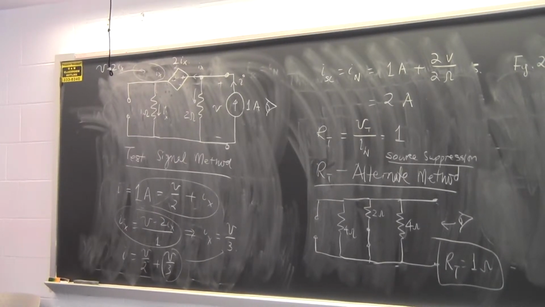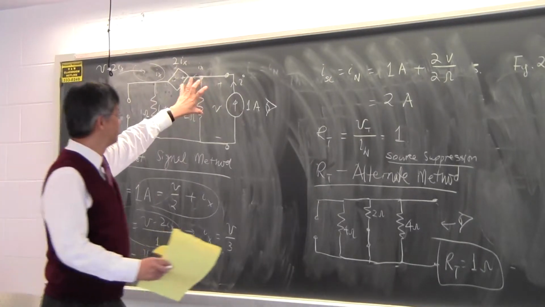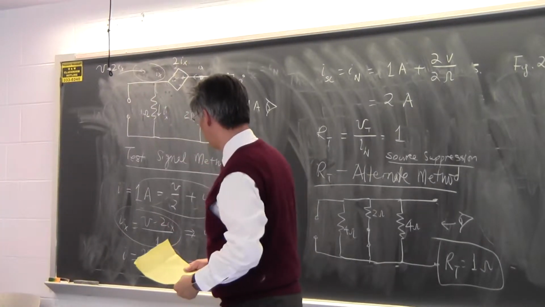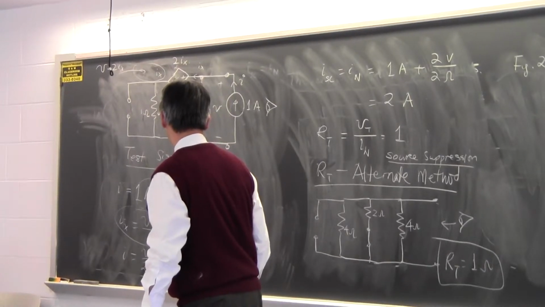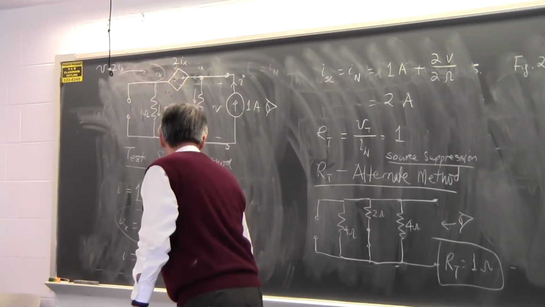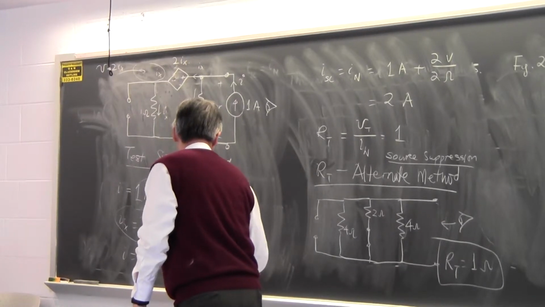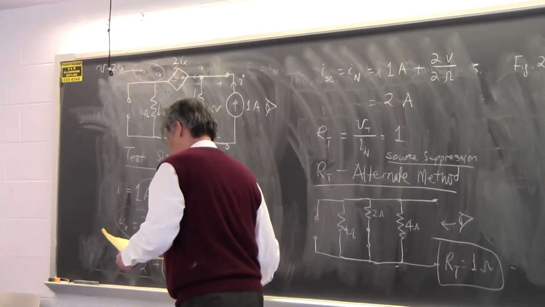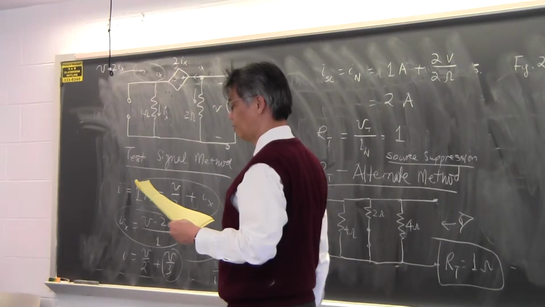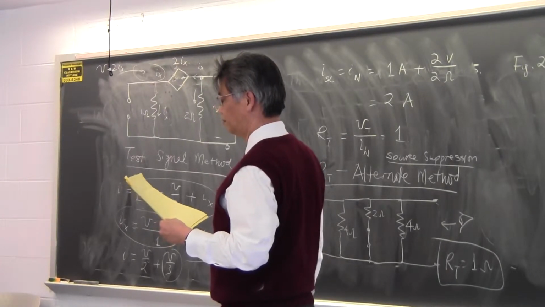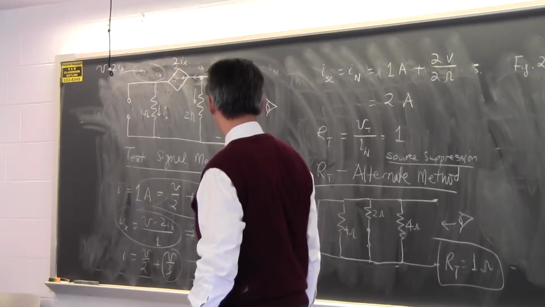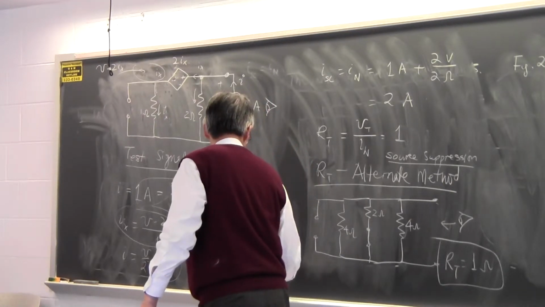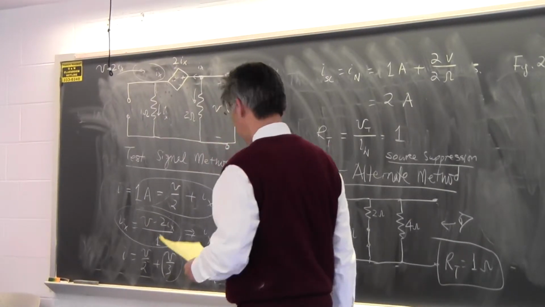V over I will just give me the impedance looking in that direction. V over I, which is half plus 1/3. Let me see. This would be giving me 5 over 6.